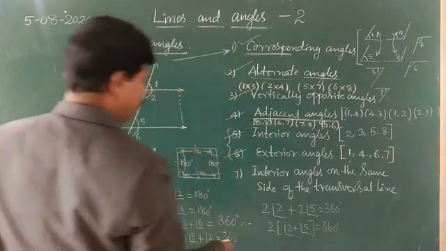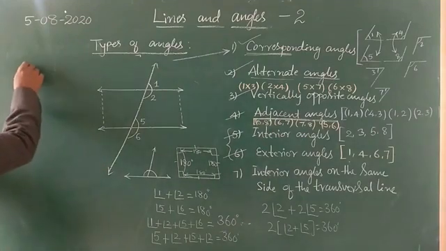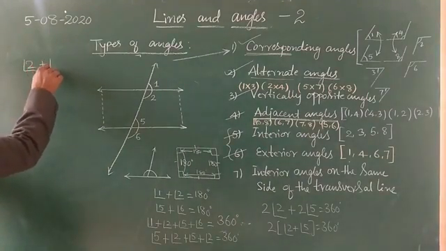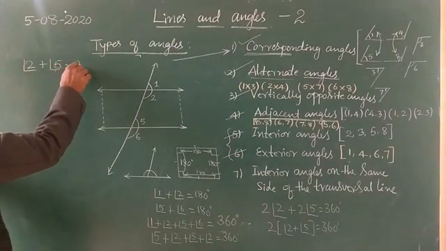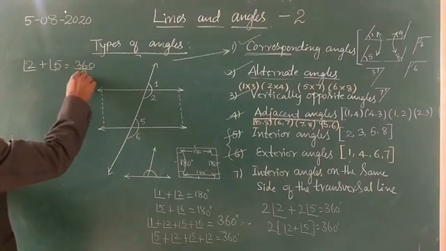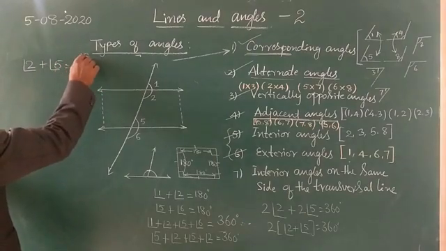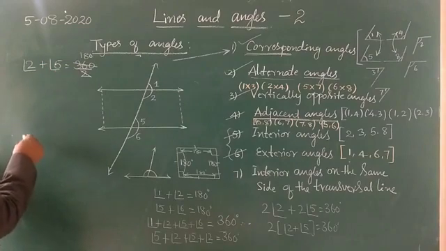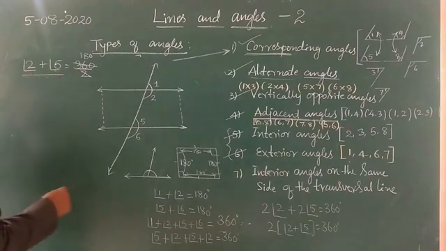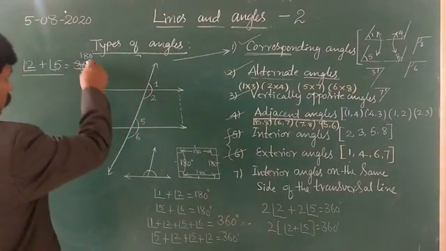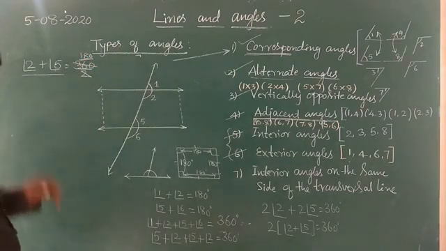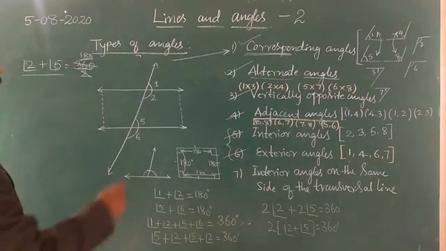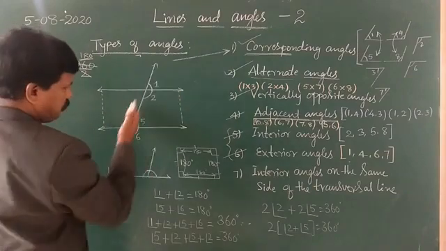Now angle 2 plus angle 5 is equal to 360 by 2, which is 180. So the sum of these two angles is equal to 180 degrees. That is, the interior angles on the same side of the transversal.